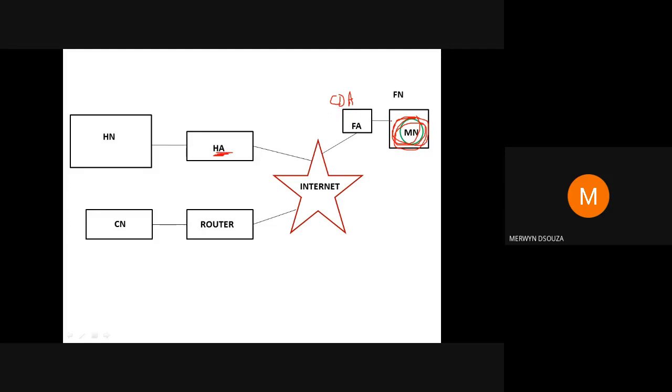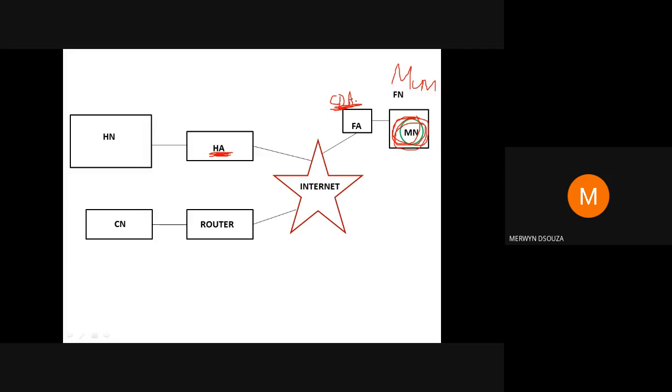It has to register the COA with the home agent. Okay, so suppose this temporary address is in Mumbai. The home agent needs to be told that it has obtained a temporary address in Mumbai. So that process of telling about the COA is known as registration. Clear?